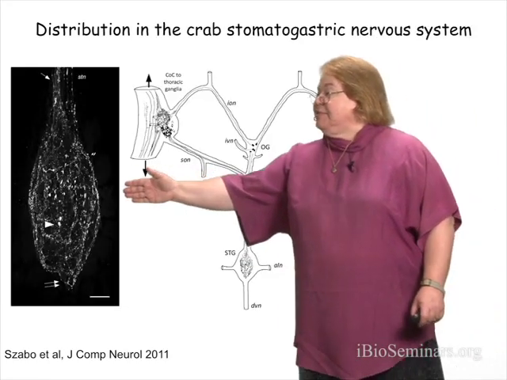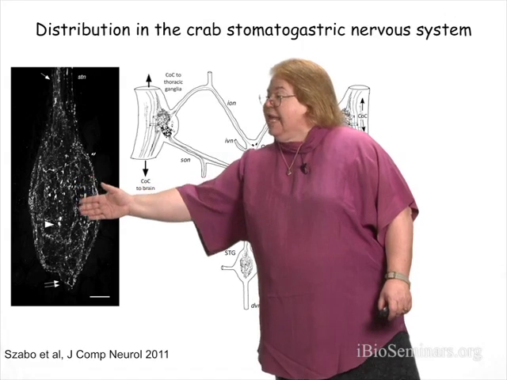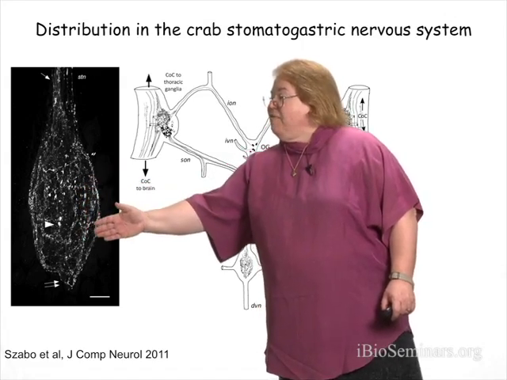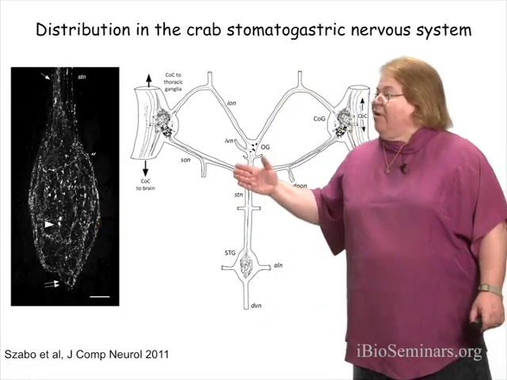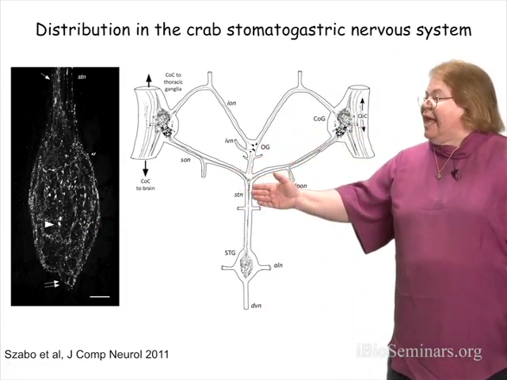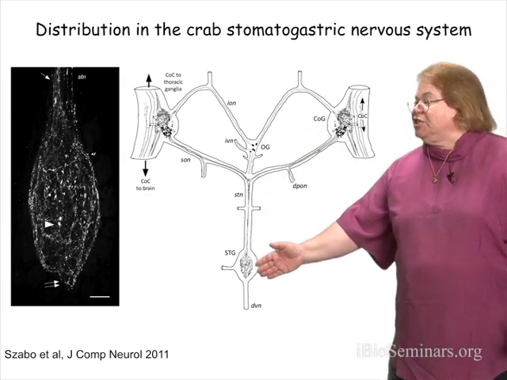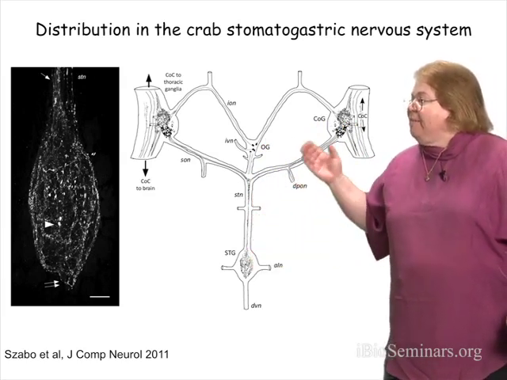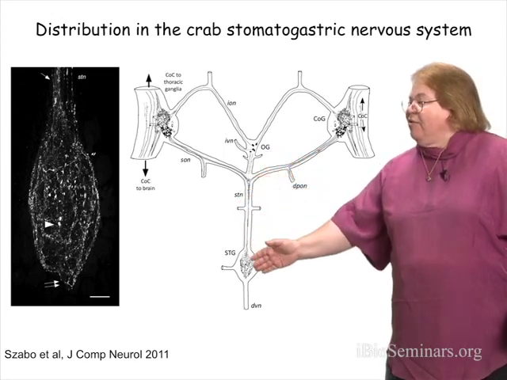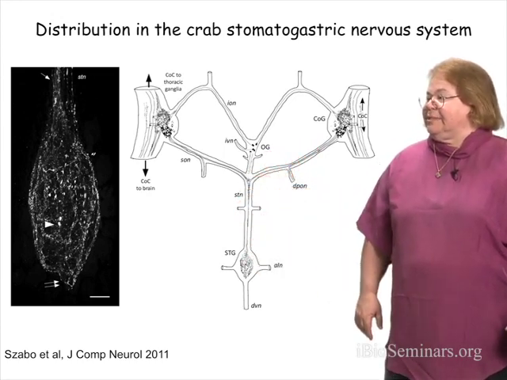And on the left, you see the stained neuropil projections in the stomatogastric ganglion itself. And over here, there's a diagram that shows the distribution of the allatostatin B projections from the commissural ganglion, the esophageal ganglion, and arising in the stomatogastric nervous system.